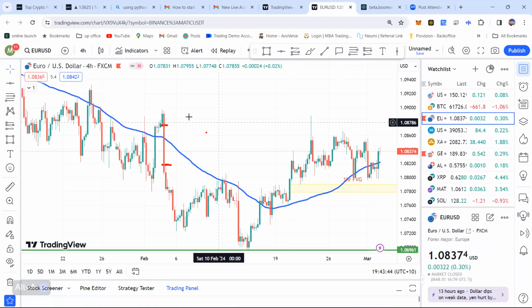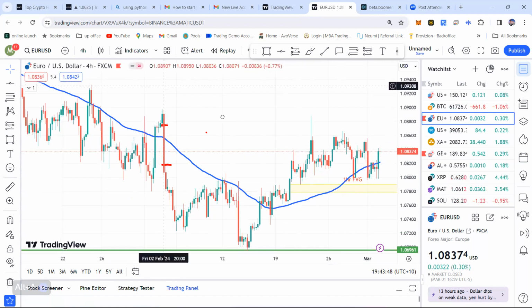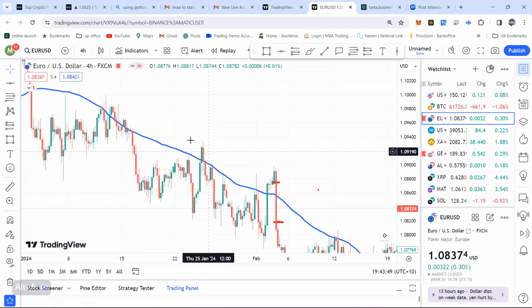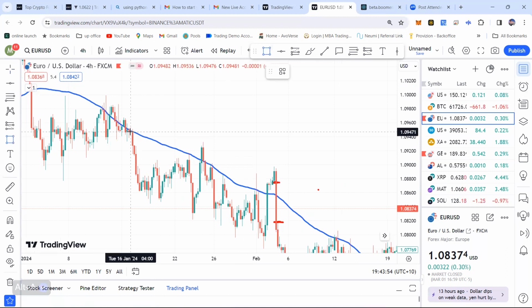So we've already identified that one was mitigated. I'm just going to work my way up the market here and try to find more fair value gaps. There's a fair value gap between there and there. Those three candles just there form a fair value gap.